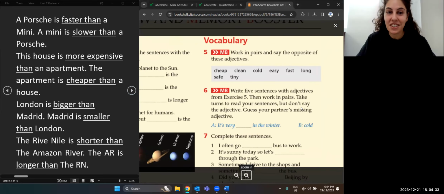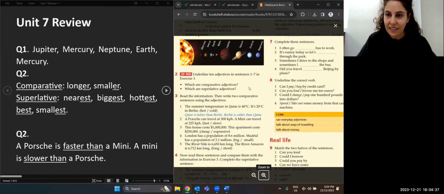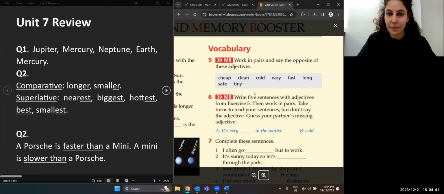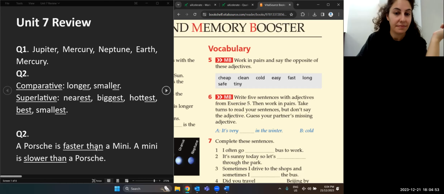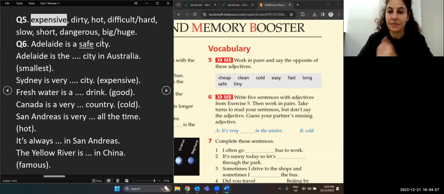Okay, we've got some adjectives here. So we've got words like cheap, clean, cold, easy, fast, long, safe, tiny. I'll just say them first. Yes, now the opposite. What's the opposite of it? Cheap, expensive. Expensive.